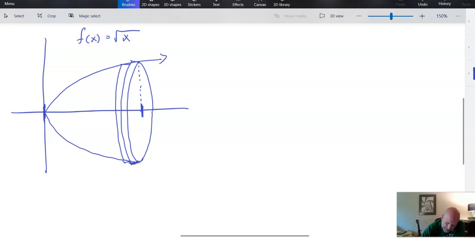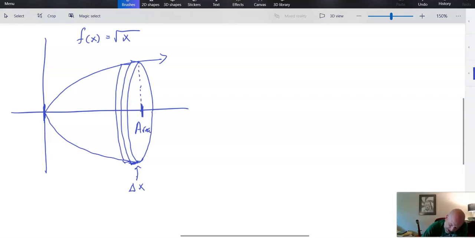Well, let's look at what it takes to find the area of one of these discs. So I need the surface area of the disc, which is a circle, times the width of the disc, which is delta x.